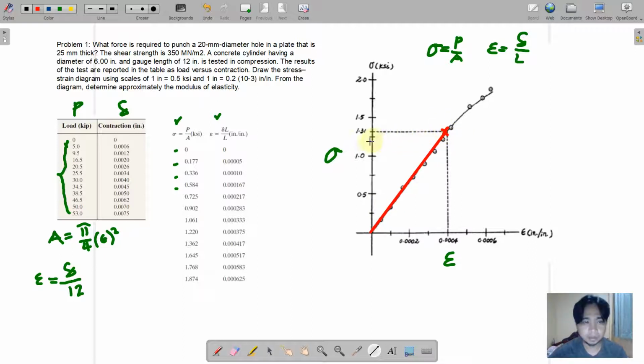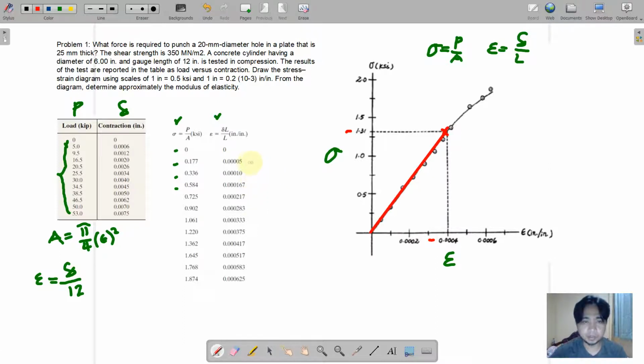So basically, this is an approximate approach wherein sigma is projected horizontally and obtained a value equivalent to 1.31, and this point is again vertically projected downwards so that it will obtain a value of 0.004 value.